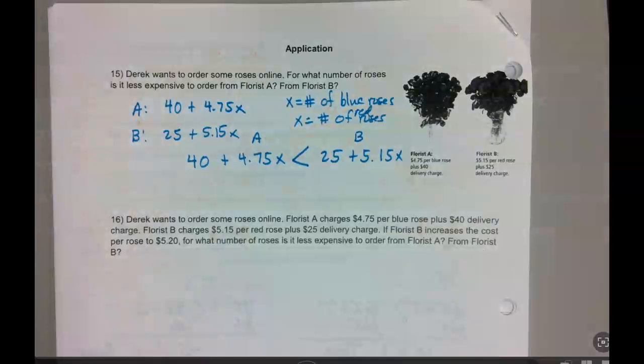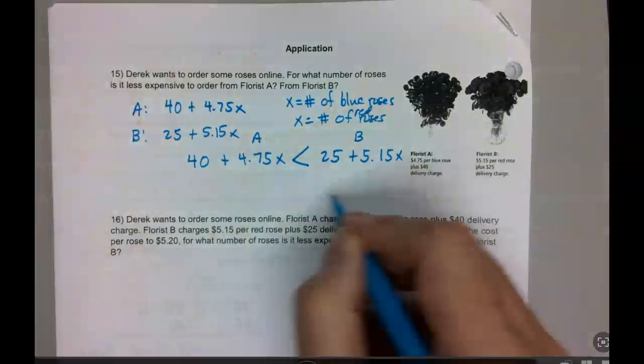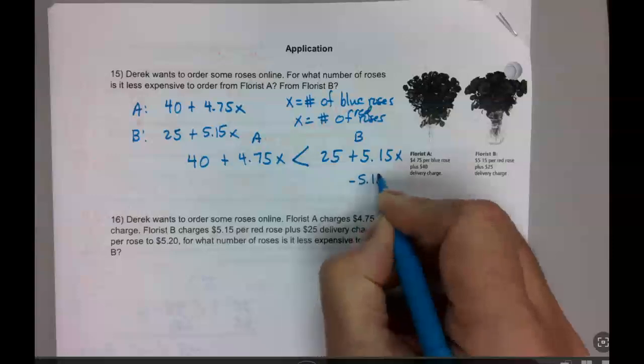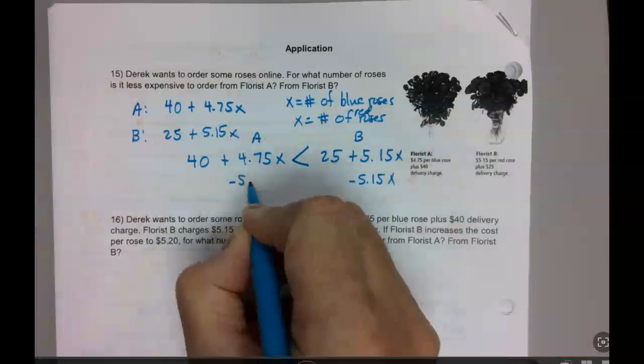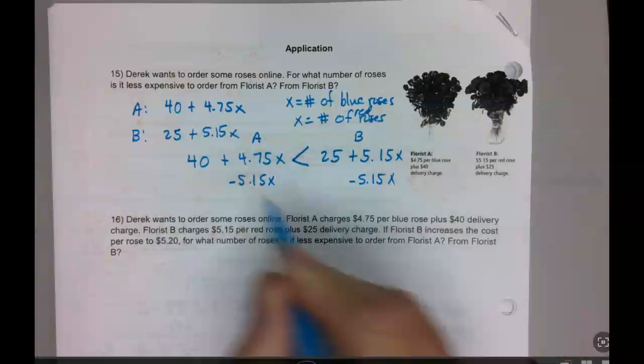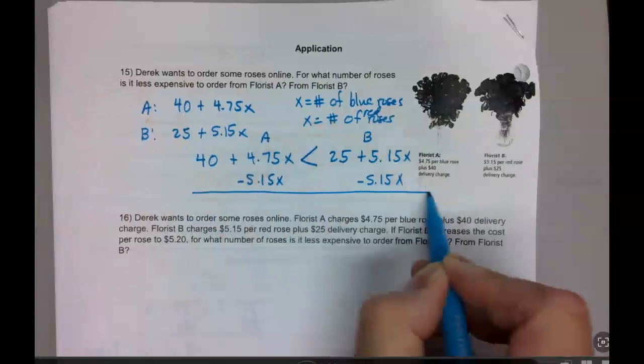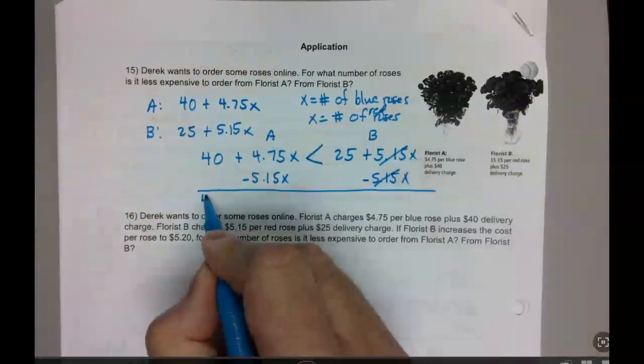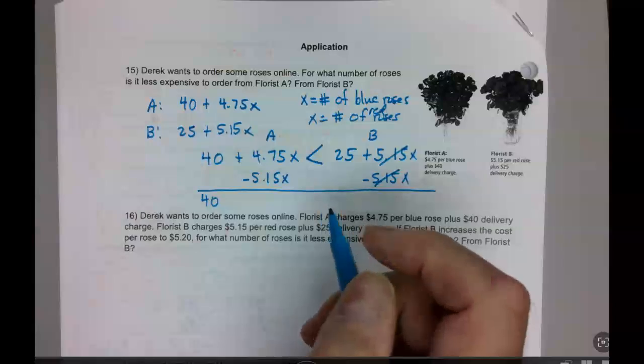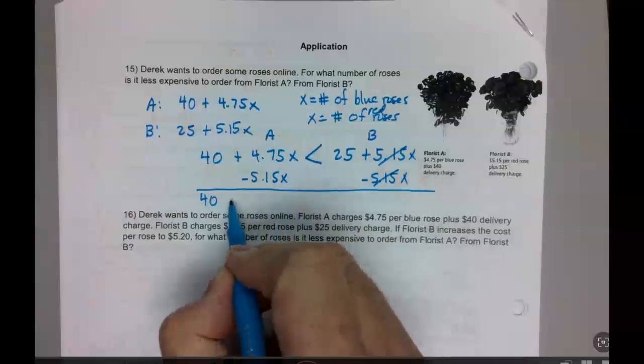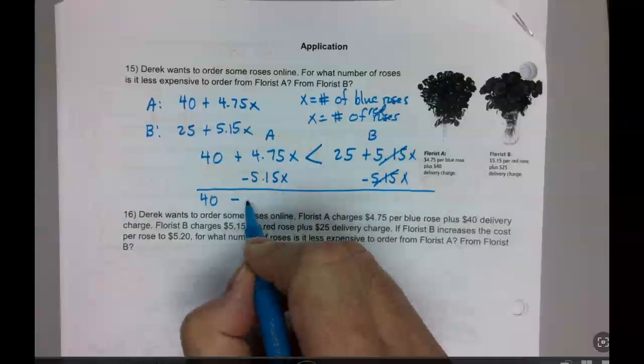So what do I like to do? I like to get all my x's on one side. Cancel, cancel. 40 plus, what's that, 25? That's going to be minus 0.35x.